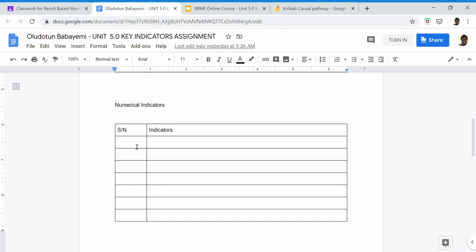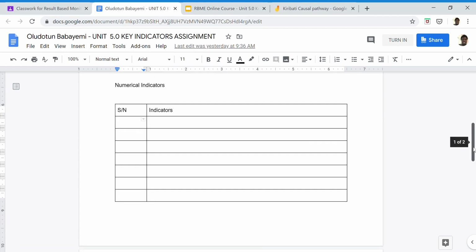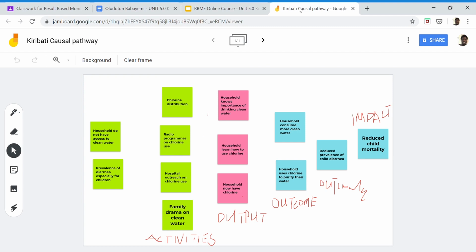Like I said, most are numerical indicators, so I will start from numerical indicators. You mostly see them at the activity stage and at the output stage, because they are numbers. So for example, I'll take each element, chlorine distribution.